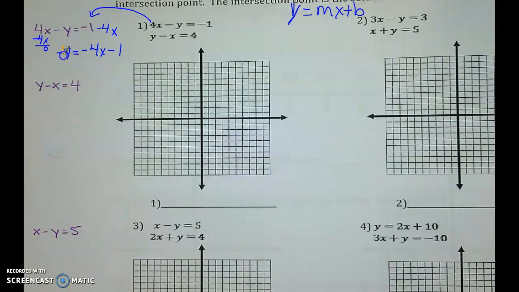Remember there's a coefficient here that's really negative 1y. So I'm going to divide by negative 1 on both sides. That leaves me with y equals positive 4x plus 1. So that's my first equation.